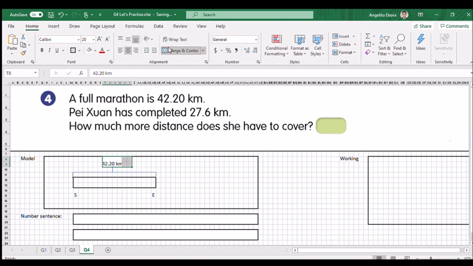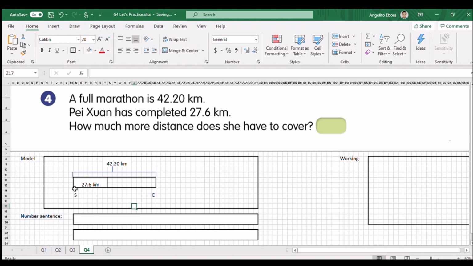Need more space. So Page 1 has completed 27.6. So let's say from here until here is 27.6 kilometers. So we traveled this far already.